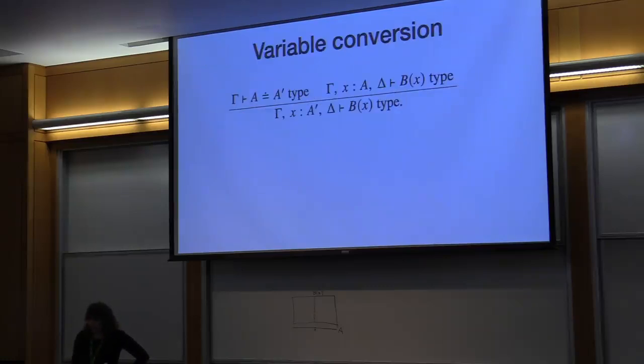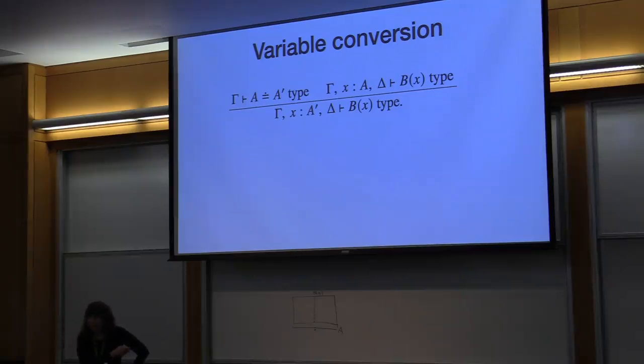Okay. The second one is variable conversion, okay? So what I mean by that is if I have two types that are equal, so A and A prime, and then I have in my context something of type A, I can just pretend that this X is of type A prime, and this judgment, whatever it will be, is the same, okay?